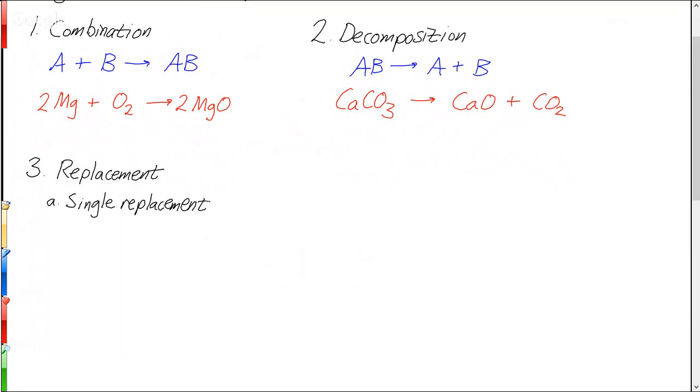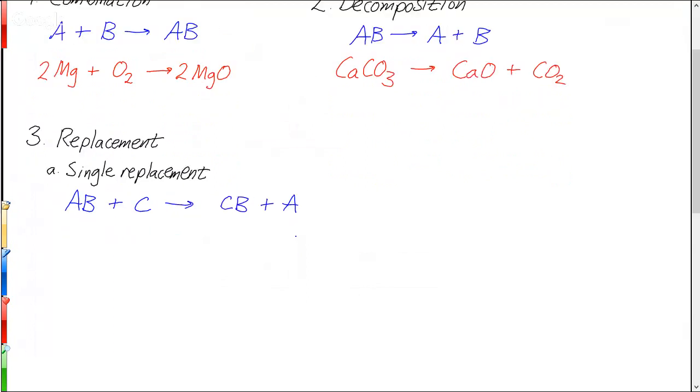The single replacement is what we did with dropping the metal pieces into the acid. So in the general form of this one, you have some compound that reacts with some individual element. And the element replaces one part of the compound, and then that part goes off on its own. So you have like CB plus A. In this case, the C takes the place of the B, whatever that is.